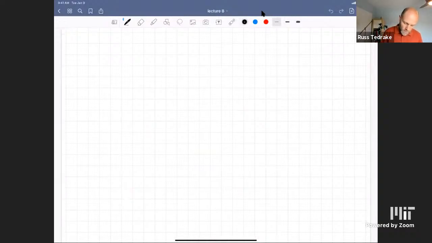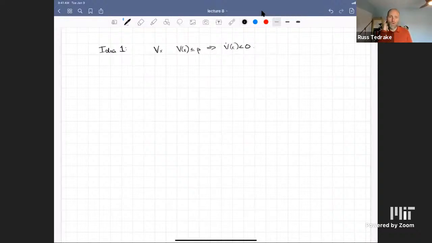So the first form I wrote, we said that for all x, if v of x less than rho implies v dot of x less than 0. That's the one that's the most natural.